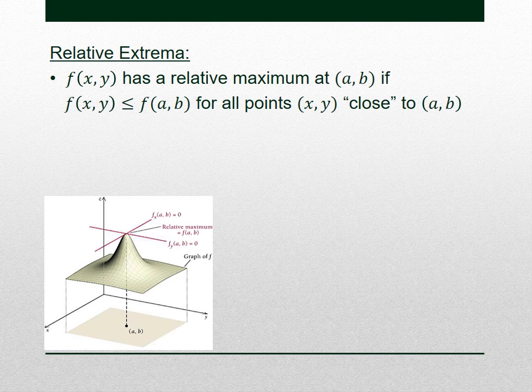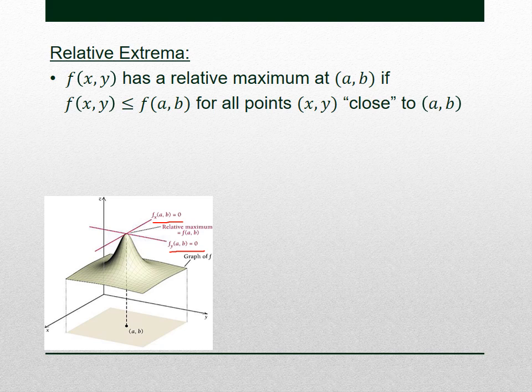Notice I've got it pointed out in this graphic here that for this relative maximum at (a, b), the partial derivative with respect to x at that point is 0, and the partial derivative with respect to y at that point is 0.